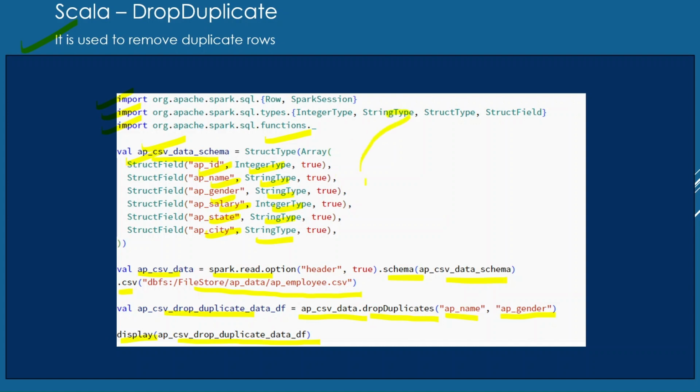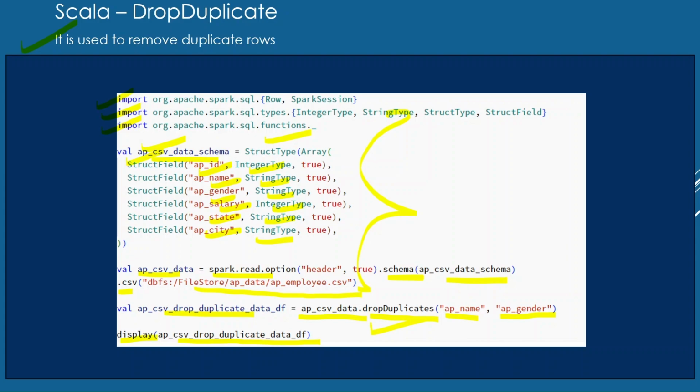The code till reading of a CSV file and creation of a data frame, I have done multiple times in my previous videos. I am not going to write the same code. I will copy the code from one of my previous exercises and show you in this exercise how this drop duplicate function works in Scala.